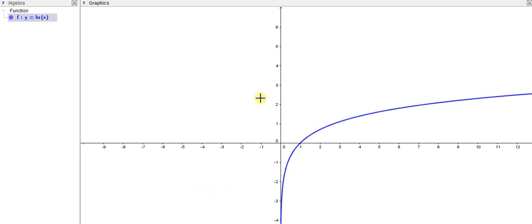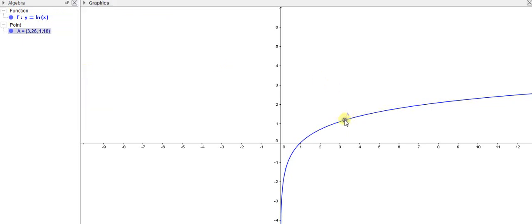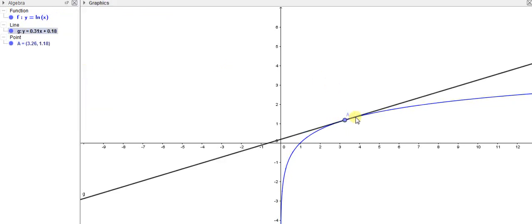Just like the last time, I'm going to choose a point on this, let's say A, and then draw a tangent at A to this curve, as shown, and then plot a point B whose x coordinate is that of A and y coordinate is the slope of this line.